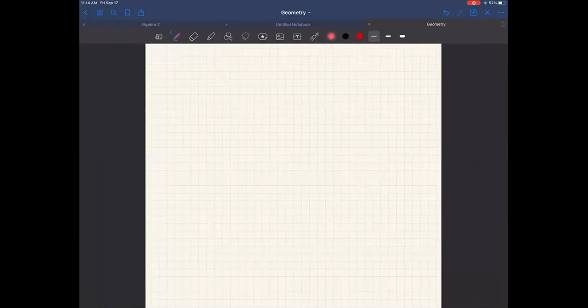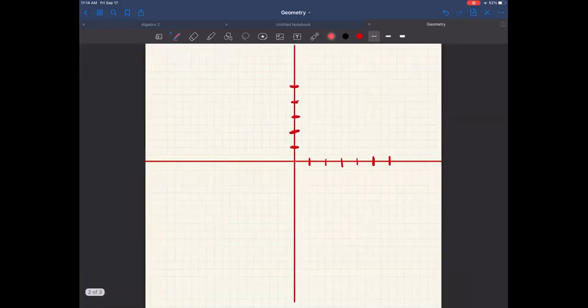I'm going to use the points 4, 2, 0, 0, and let's do, I don't know, 2, 2. So I'm going to come over here and I'm going to graph it. So I have 0, 0.